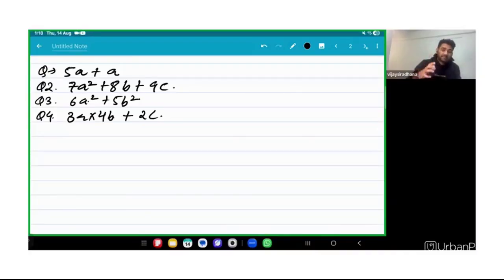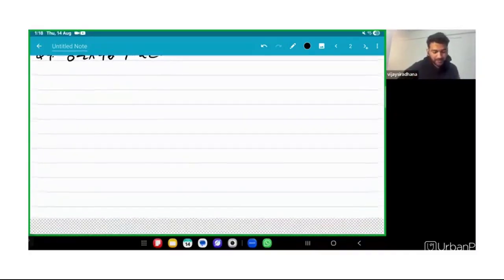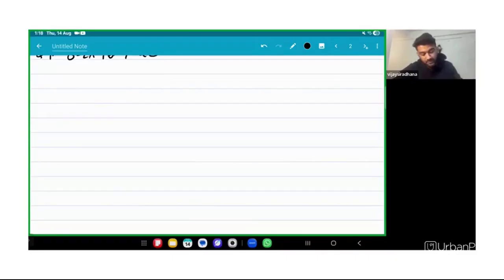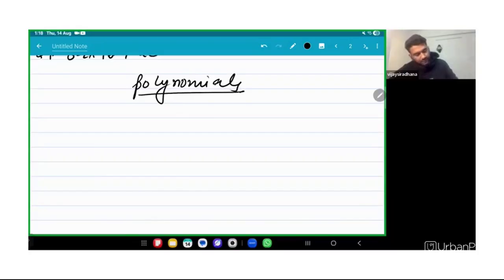Now, let's bring this topic and divide it further. Students, there are a few types of polynomials. The first one we'll talk about is the constant polynomial.